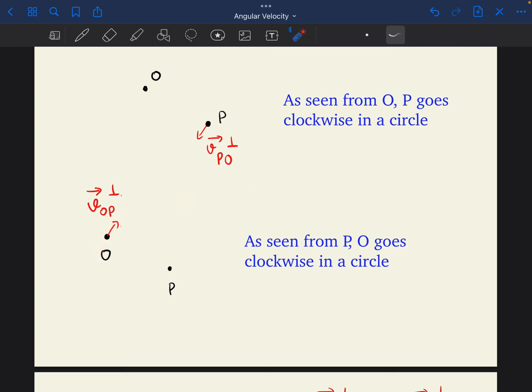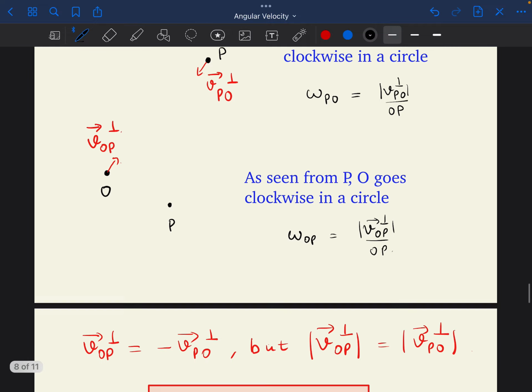And their angular velocities are also the same. So V PO, which is angular velocity of P about O or relative to O, is equal to this. And similarly, you can write over here, which is the same thing. So the magnitudes are the same, the directions are the same, right?